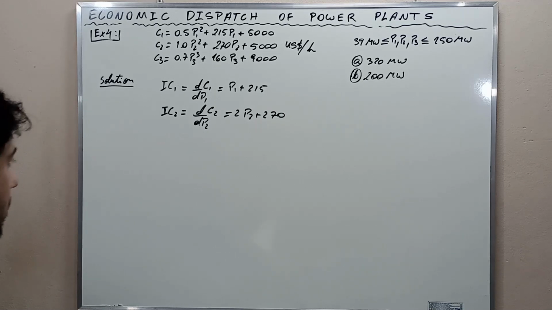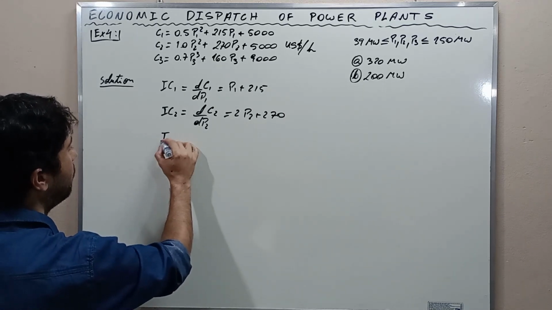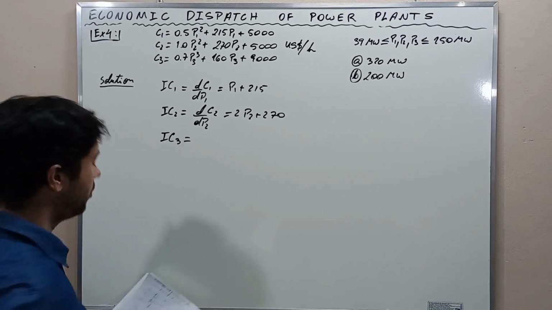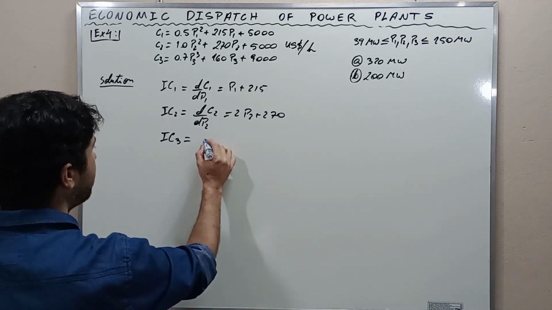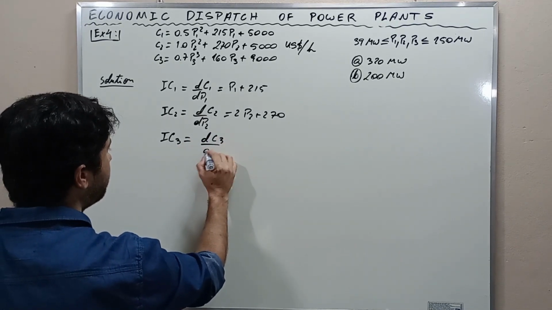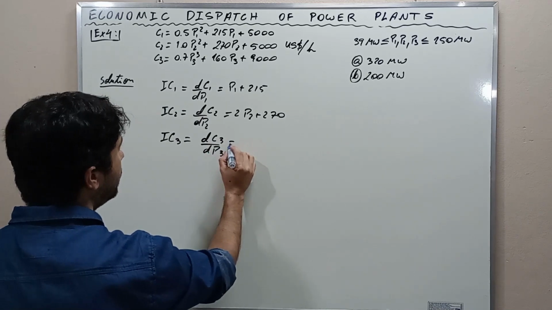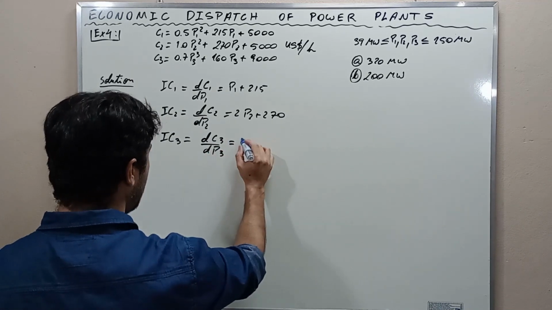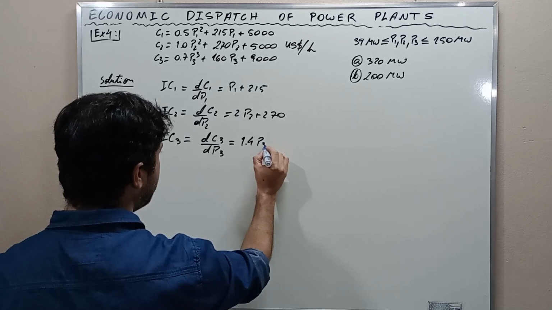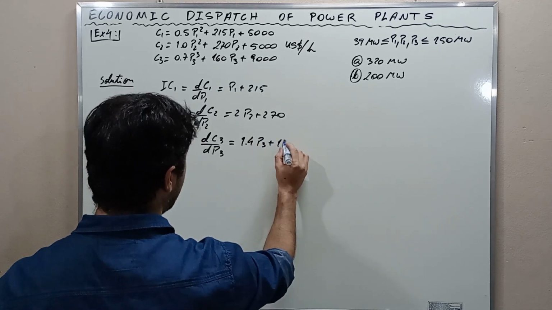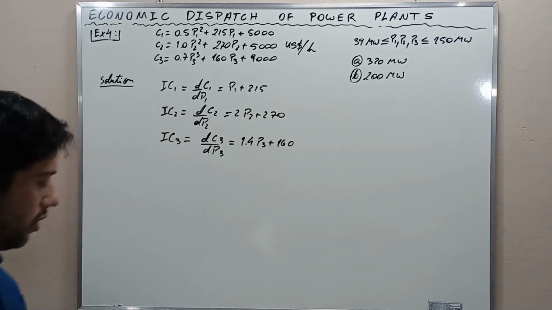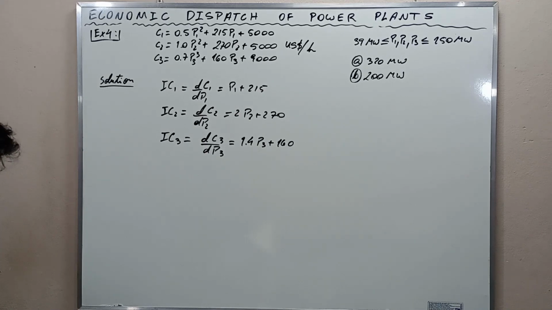Similarly, the incremental cost of operating generating unit 3 is the derivative of C3 with respect to P3, which is equal to 1.4 P3 plus 160 dollars per megawatt hour.